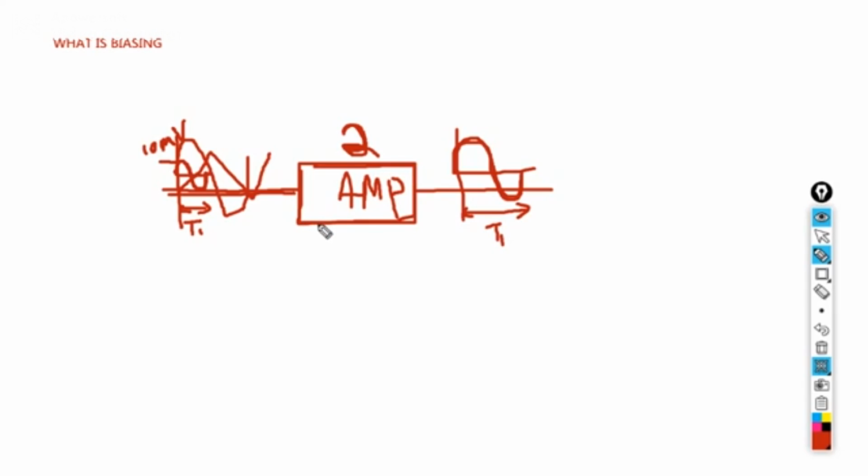That means, in order to amplify with the factor of 2 irrespective of different parameters, I need to give some voltage, and that voltage is called DC voltage. I need to give some DC voltage or DC bias. That is called DC bias.